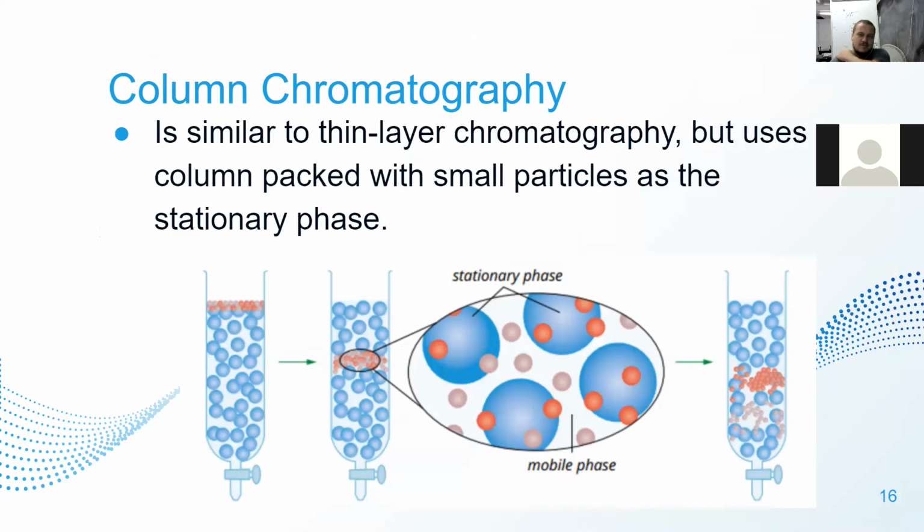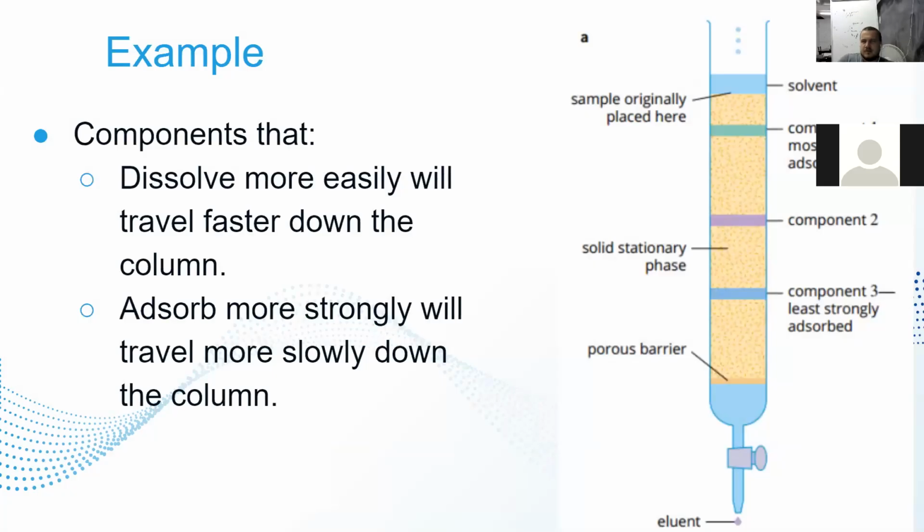So instead of the paper, we're now using a porous gel column. So we put our sample on the top. It's under no pressure, it's just dripping through under its own steam. Component 1 is here, component 2 is here, component 3 is here.